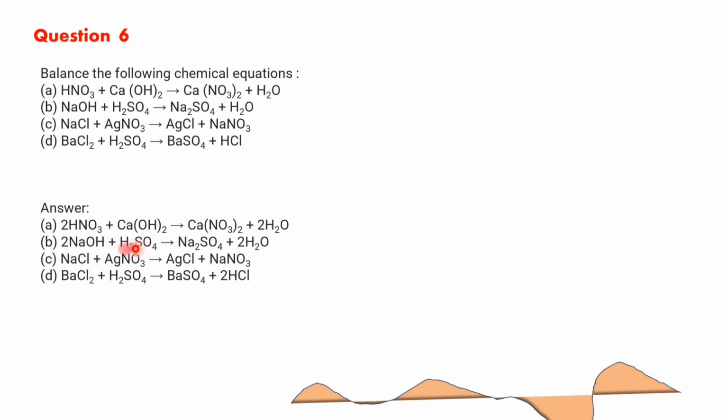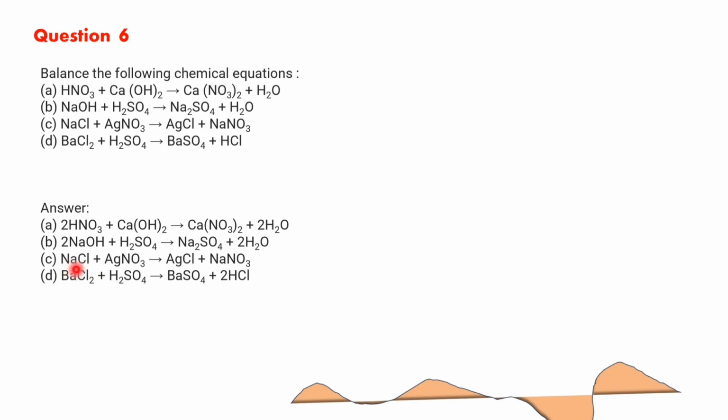So the reactant side has a total of 6 oxygen atoms, and the product side also has 4 oxygen atoms and 2 oxygen atoms. So these are also balanced, and as usual the hydrogen atoms also. Here we will find 2 plus 2 hydrogen atoms, a total of 4 hydrogen atoms on the reactant side, and on the product side we will also find a total of 4 hydrogen atoms, and hence this reaction is also balanced.